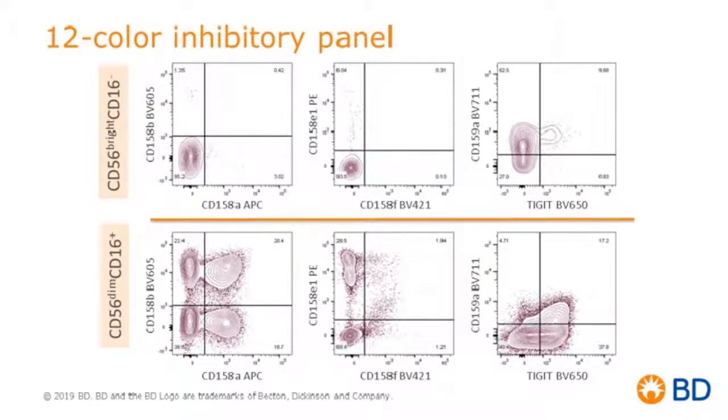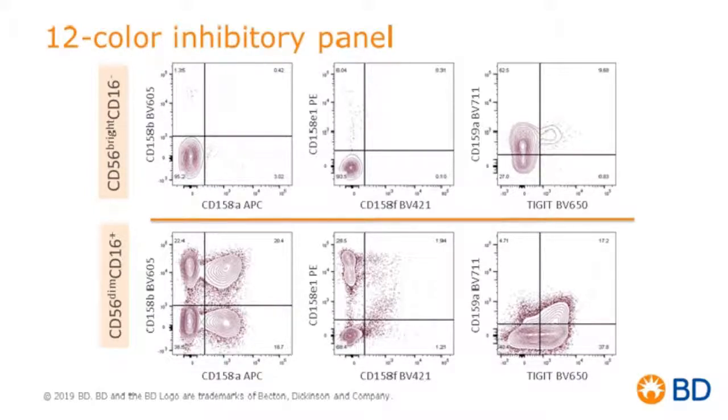Another level of information that we gather from this data is about the heterogeneity of NK cells. It's something that we discussed in the introduction, but we are looking now at real data. For example, just if we look at CD158A and B, we have different combinations.